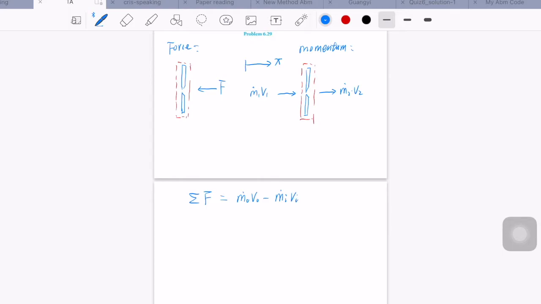And for this problem, negative F should be equal to m2 dot v2 minus m1 dot times v1, and F should be equal to m1 dot v1 minus m2 dot times v2.